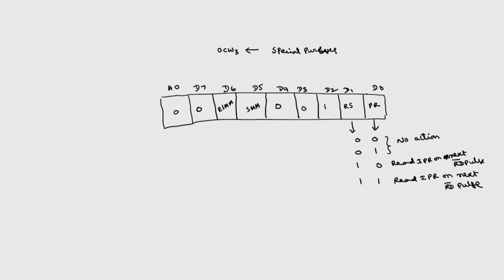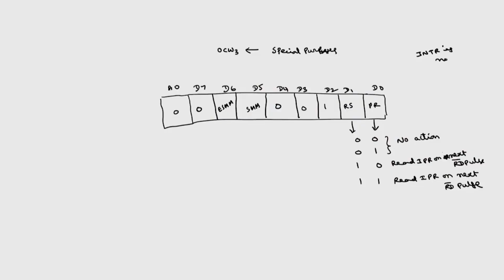So basically in this OCW3 the INTR is disabled. INTR will not be used. During the read bar cycle only, the interrupt process takes place. In normal operation for IR0, IR1 up to IR7, if any request comes on these, the IR with the highest priority will be serviced through INTR.